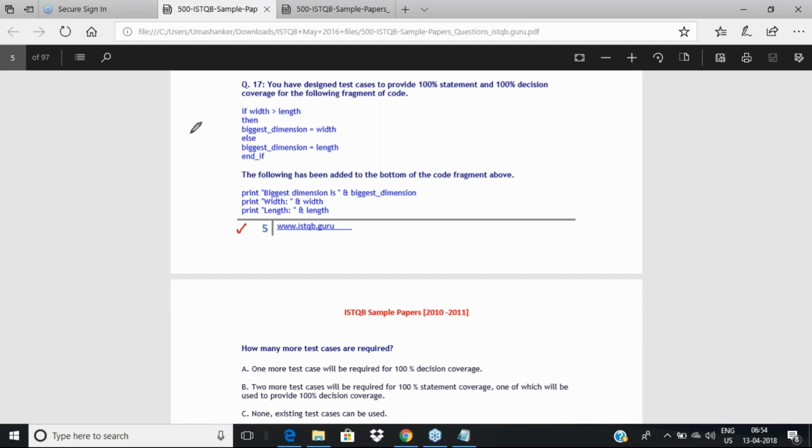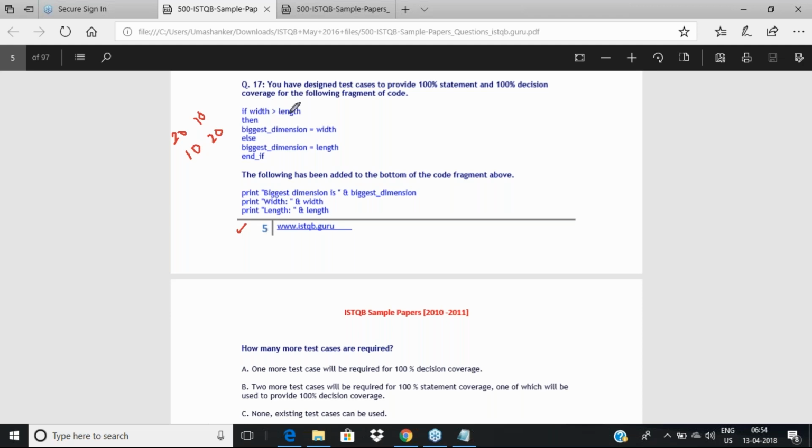I can take width as 20 and length as 10. If I do that, what will happen? 20 greater than 10? Yes. It will say the biggest dimension is 20, else the biggest dimension is 10. If I have to test width less than or equal to length, suppose I take 10 and 20, then what will happen?